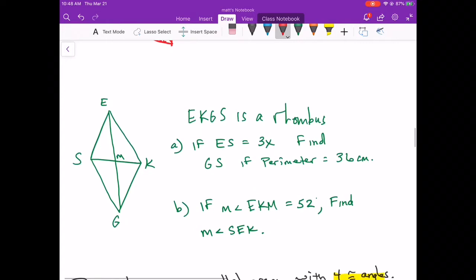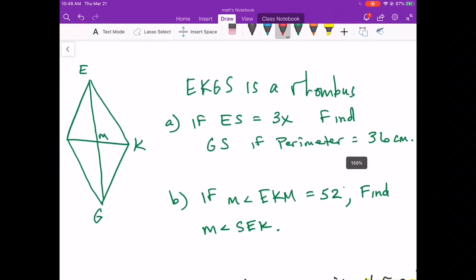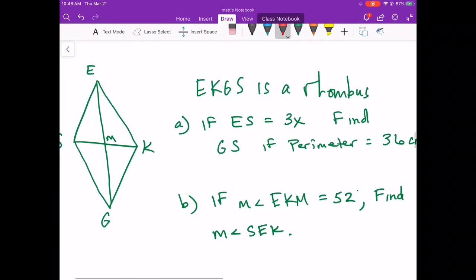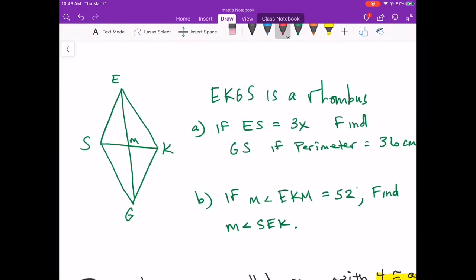All right, so here's an example of maybe how we could do some work with a rhombus. EKGS is a rhombus, so this quadrilateral to the left is a rhombus. What I would do right away is start marking all the things that we know are true. All the sides are the same. All these sides are congruent.